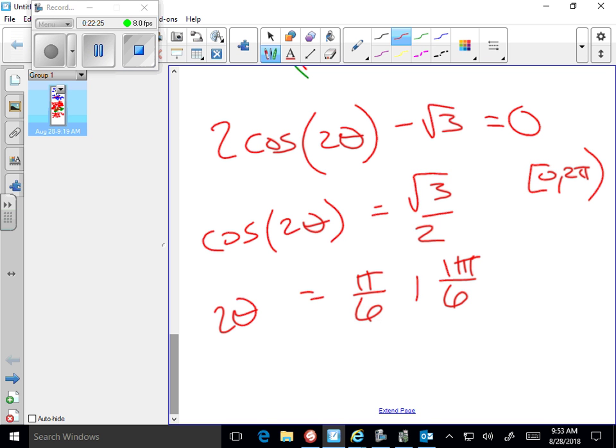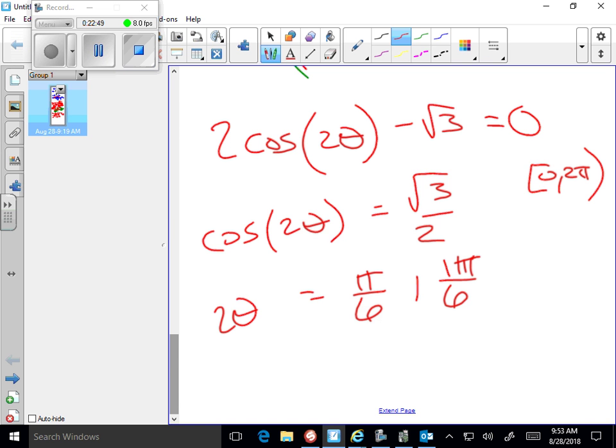But that's only going around the unit circle once. And we know the effect of this 2 is to squish the graph in half so I can get twice as many periods in here. So if this was what I got from one period, there must be 2 other solutions for my second period. So as I go around a second time, I'm just going to add 2 pi to each of these.